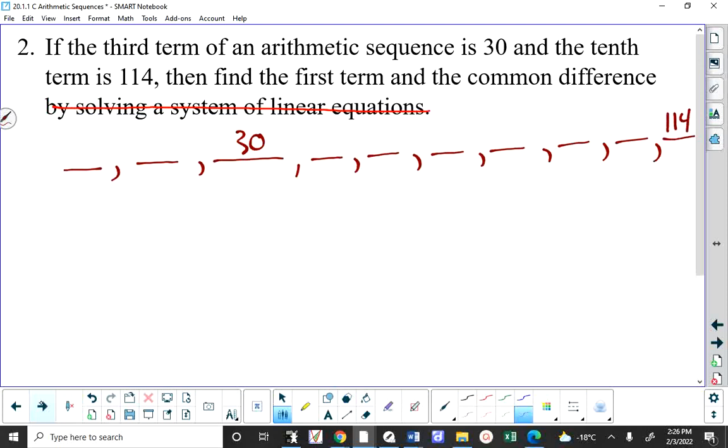And I do realize some of you don't need to resort to writing a whole bunch of blanks. Well, I'll ask this question. How many of you know, without looking at those blanks, how many common differences you add to the third term to get the 10th term?